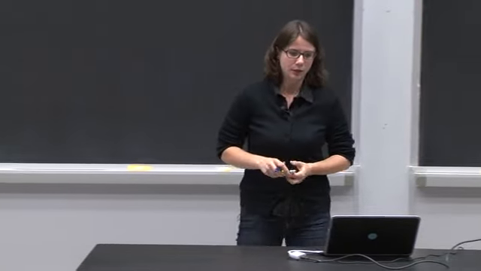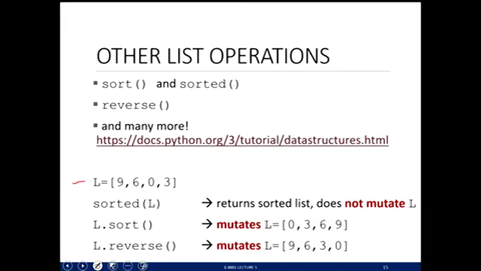Okay. So if I have this list L equal to [9, 6, 0, 3], sorted(L) you can think of as: give me the sorted version of L. It returns a new list that's the sorted version of the input list, and does not mutate L. So it keeps L the exact same way.